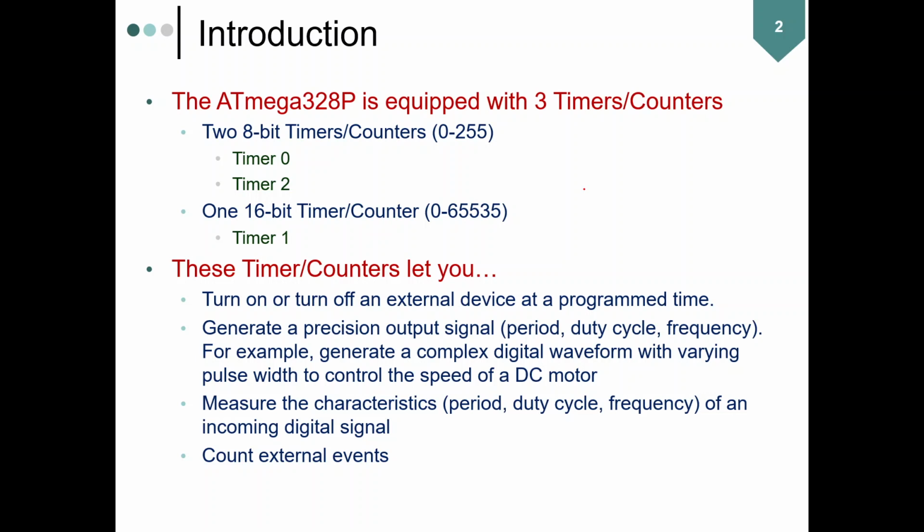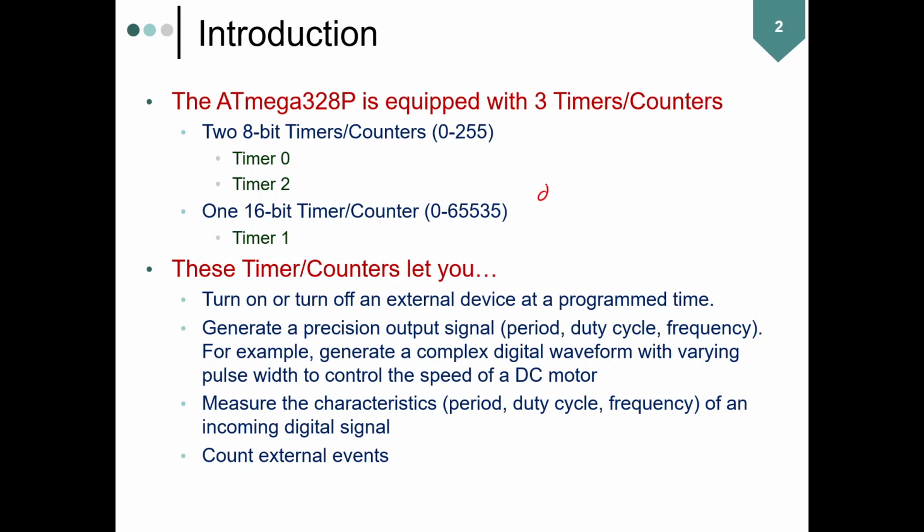Then you can generate a precision output signal with specific period, duty cycle, or frequency. For example, you can generate pulse width modulated signals for speed control of a DC motor. Then you can measure these same characteristics, period, duty cycle, and frequency, of an incoming digital signal. And finally, you can count external events.